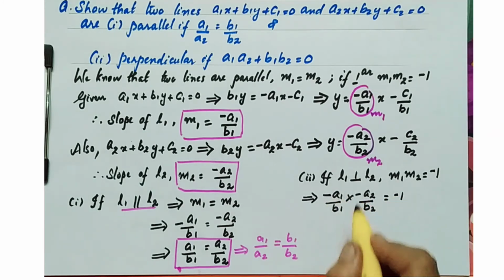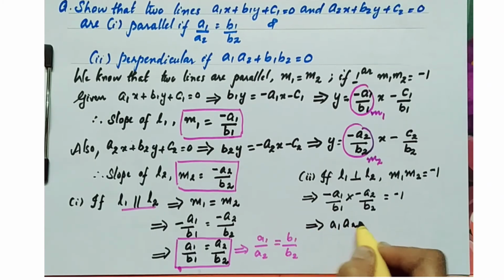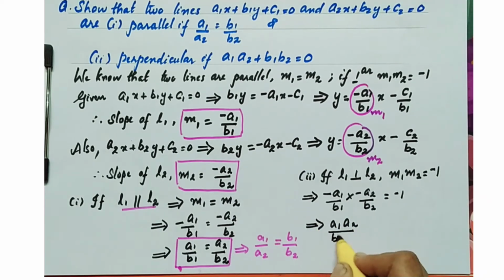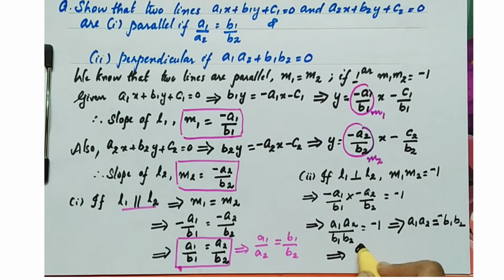These two minus signs become plus, which implies a1 a2 by b1 b2 equals minus 1. Cross multiply, you get a1 a2 equals minus b1 b2. Bring all terms to one side, we get a1 a2 plus b1 b2 equal to 0. Very important result.